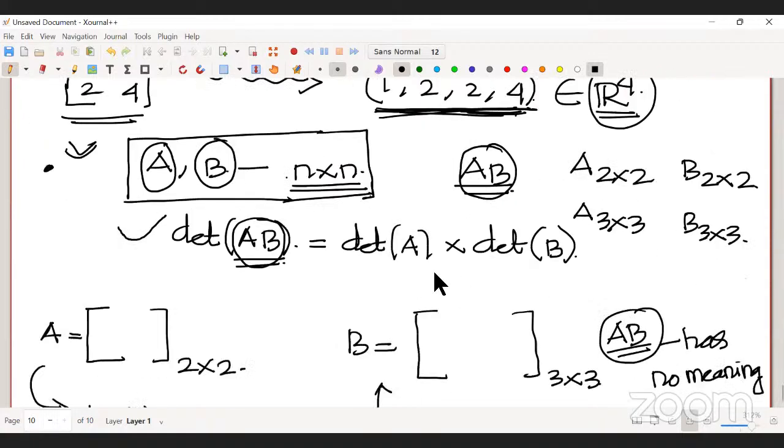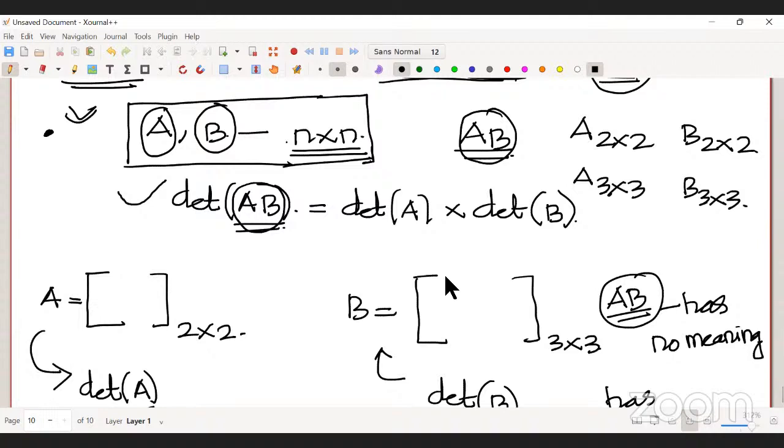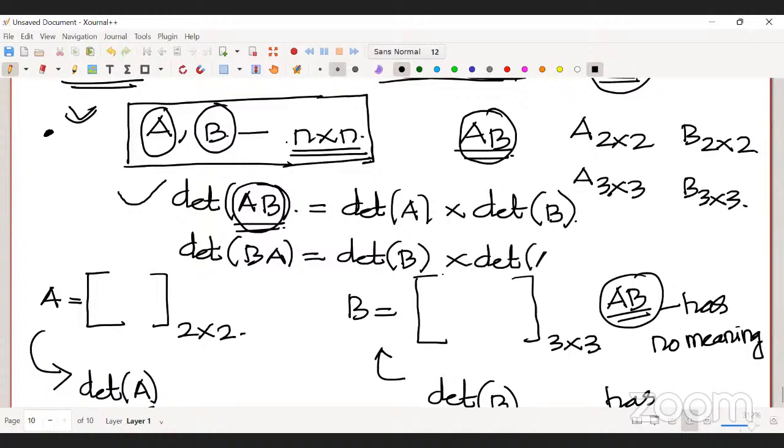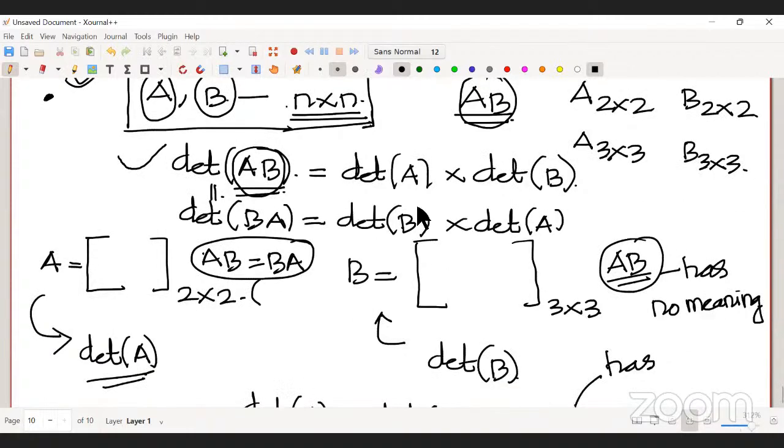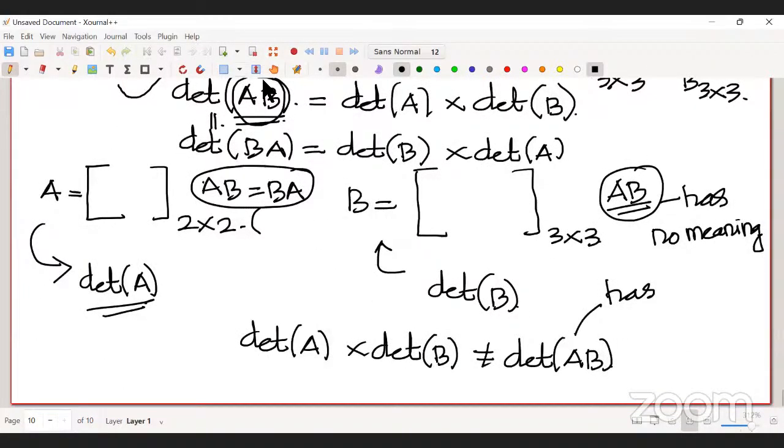But the determinant of AB and the determinant of BA are the same. Certainly you cannot say that AB is the same as BA. They may be the same, but not always, so this may not hold. Any doubt? No, sir.